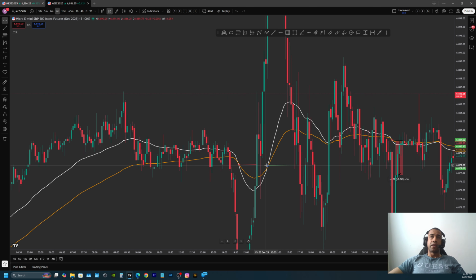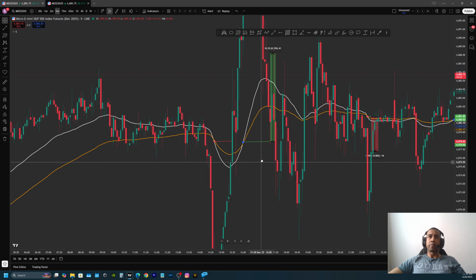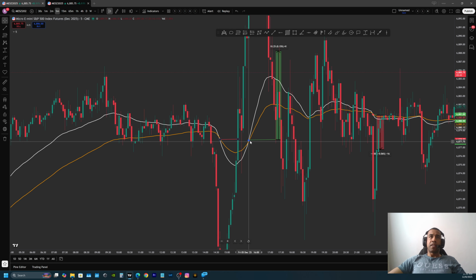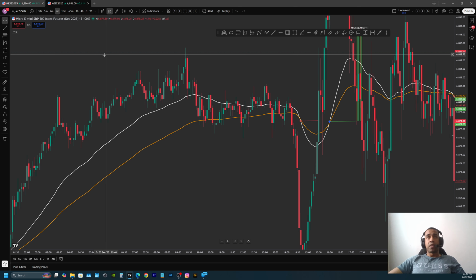Another one here. Moving average crossed up. You could have entered right here and it went up 10 points. Okay, this one was a loss. With this one, you want a tight stop loss. You don't want to risk all this movement.